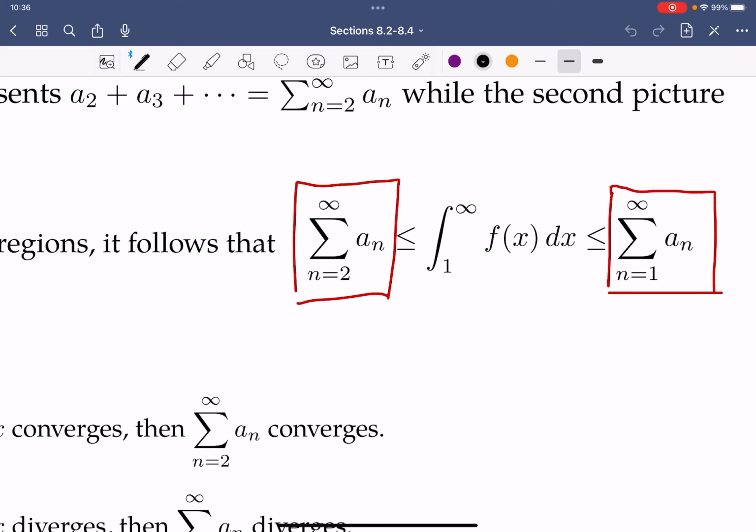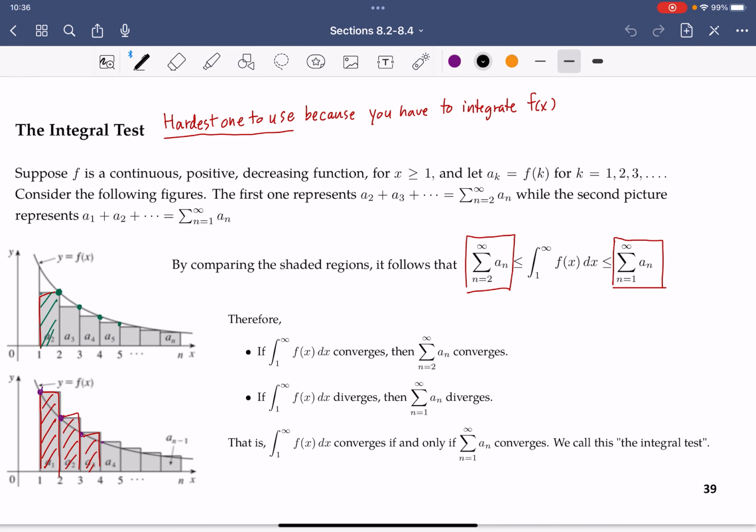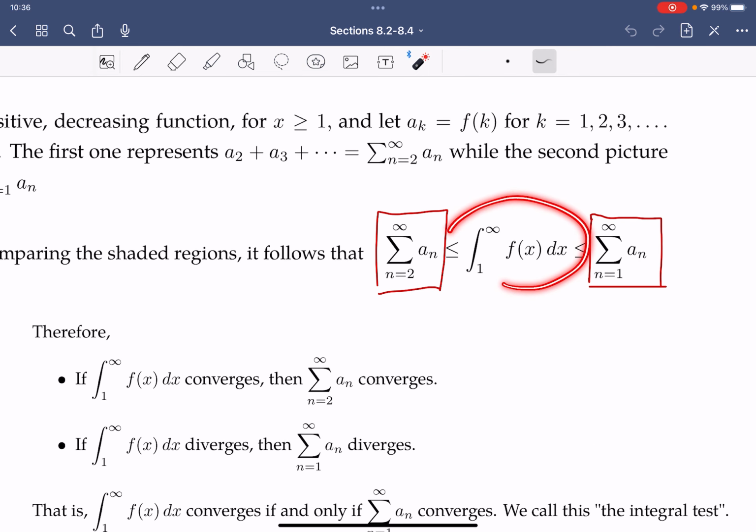Once you have this relation, if the integral is convergent, it forces the series to be convergent as well. And if the integral is divergent, the series is divergent as well.